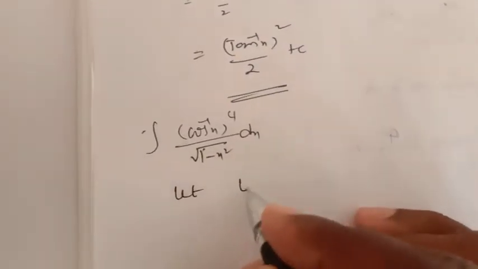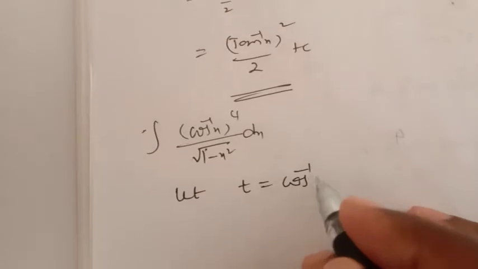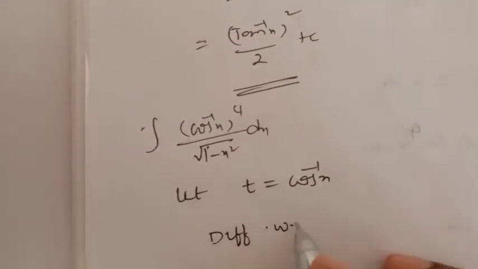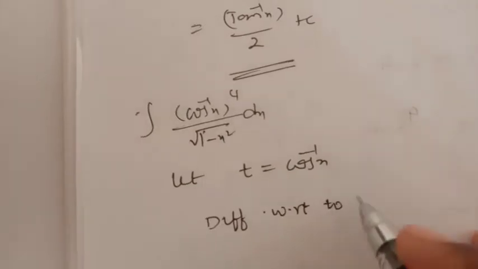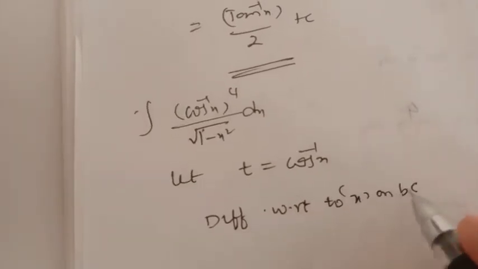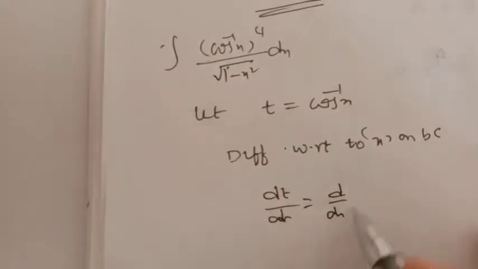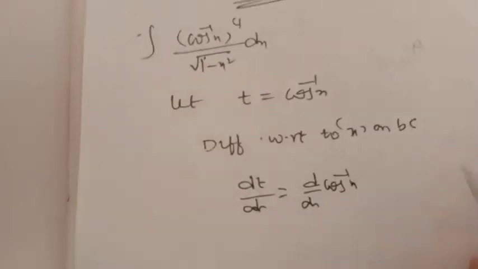Let t equal to cos inverse x, then differentiating with respect to x on both sides, we have dt by dx equal to d by dx of cos inverse x.